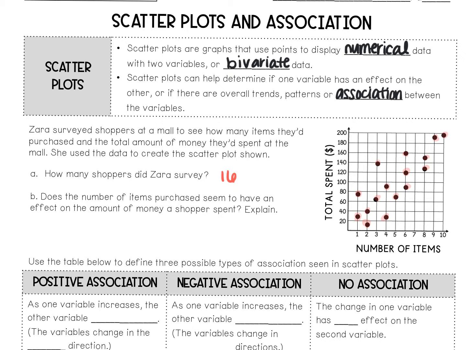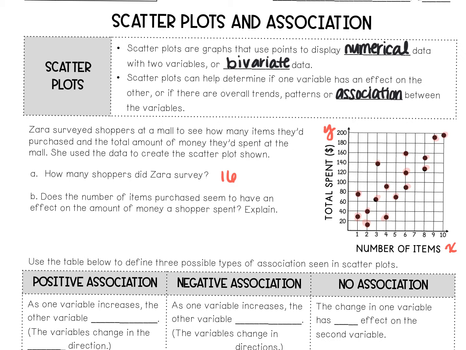Now, if I look at that, I've got the number of items on my x-axis and the total spent on my y-axis. This is because the number of items is the independent variable because that's the one that's going to determine, hopefully, or maybe, the total amount of money spent. So does the number of items purchased seem to have an effect on the amount of money a shopper spent? So is there a pattern between what X does and what Y does?